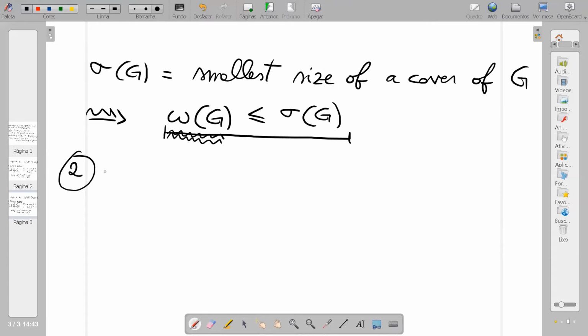And the second motivation is that we can define another interesting invariant, which is the following.